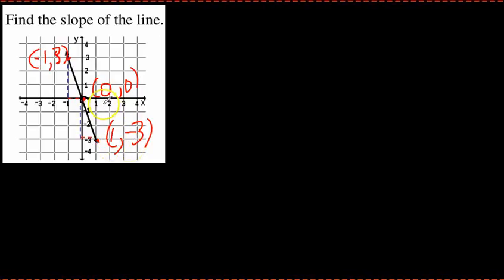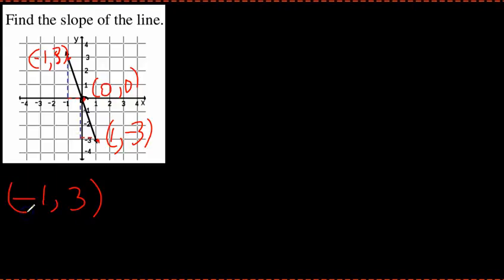So you need only 2 points. You can either use 0, 0 and 1, -3, or you can use this 2, or you can use this 2. Okay, so let's use -1, 3, and let's call it our x1, y1.